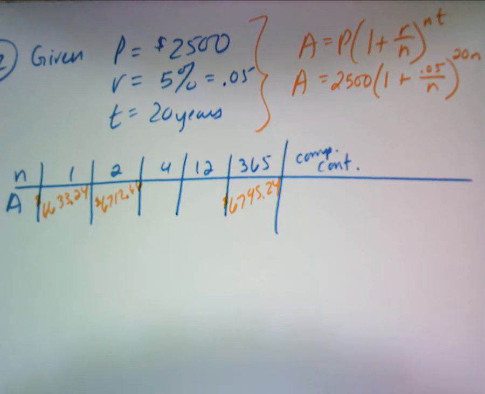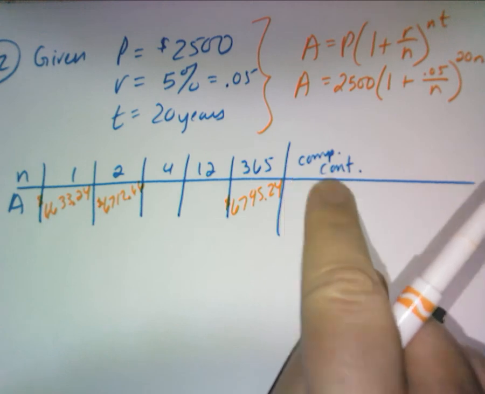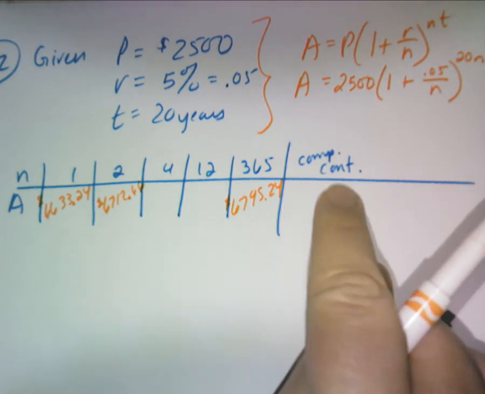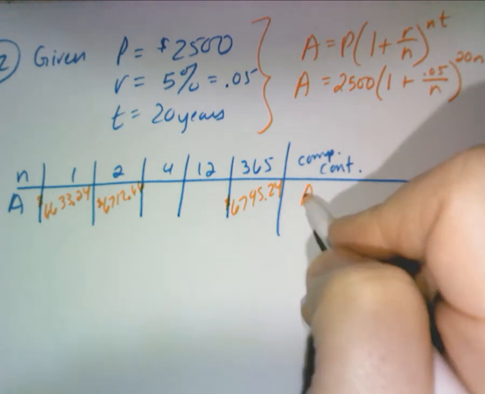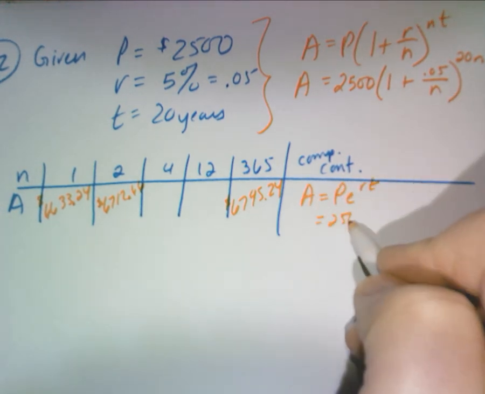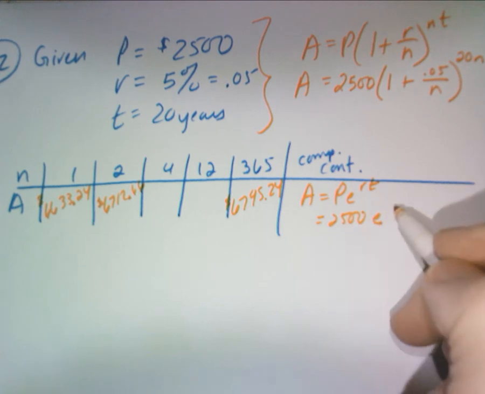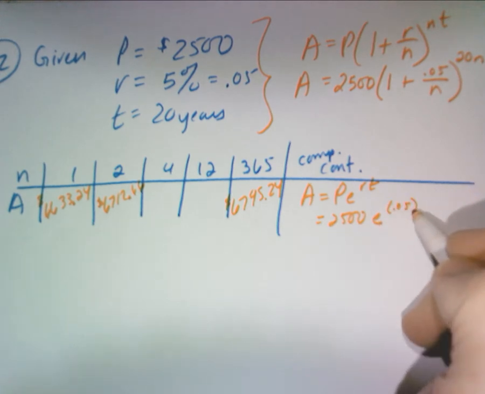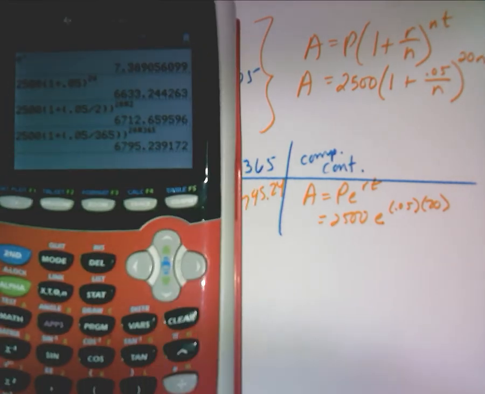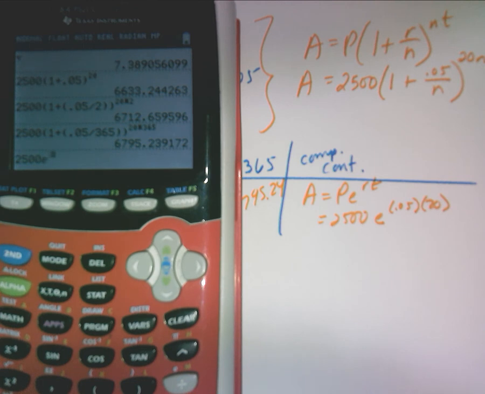Now, what do I have to do differently if it's compounded continuously? You use A = Pert. So you have to use P e to the rt. You have to do 2,500 e to the 0.05 times 20. You actually use your calculator and do 2,500 e, and I just do 0.05 times 20.